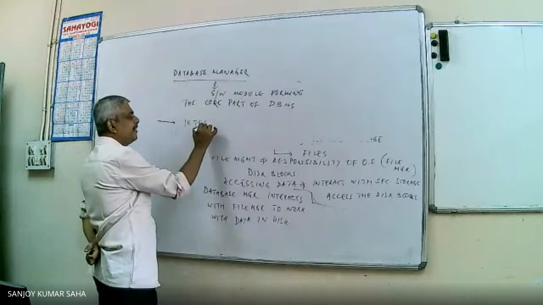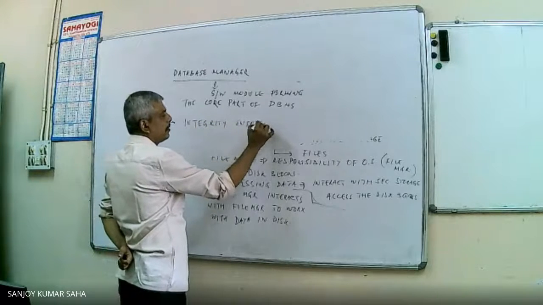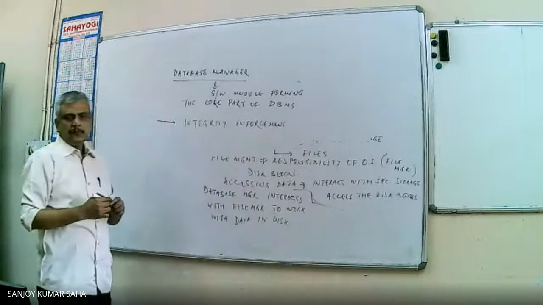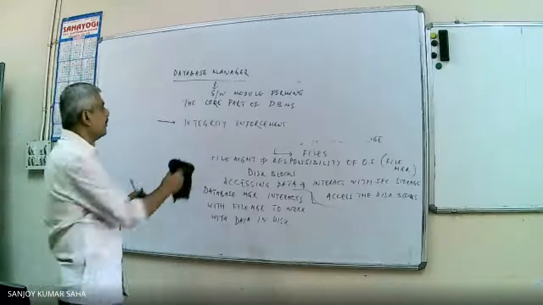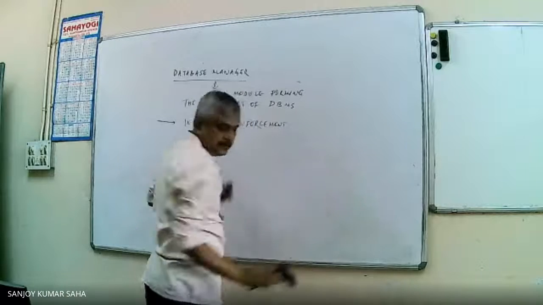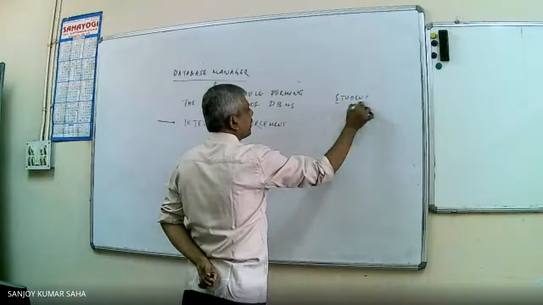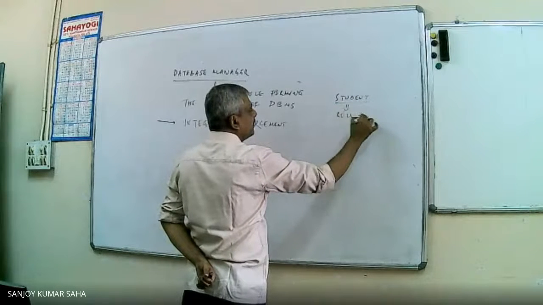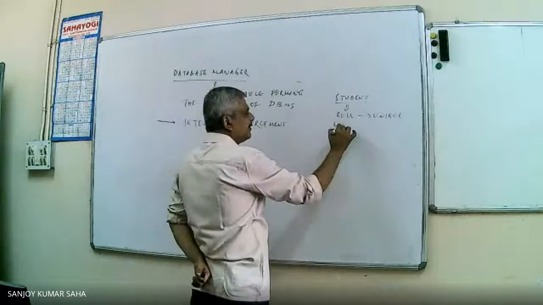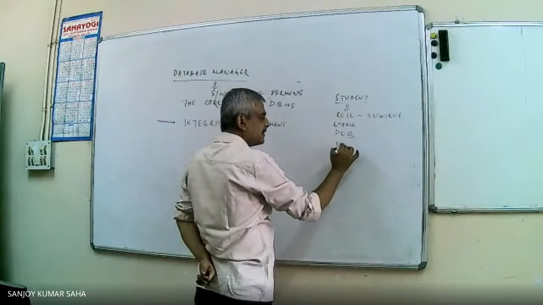Integrity enforcement. So in our database, say in our student database, roll number has to be unique. Say there is name, date of birth, score.